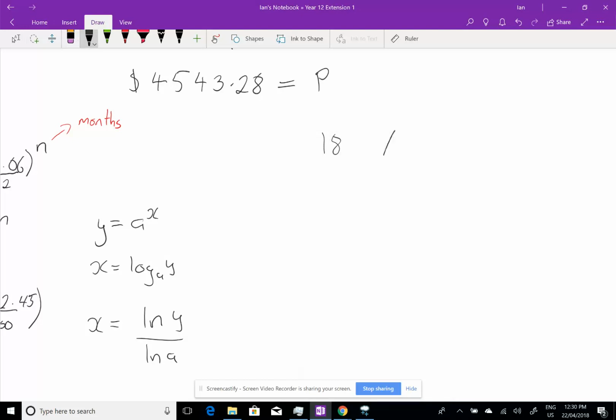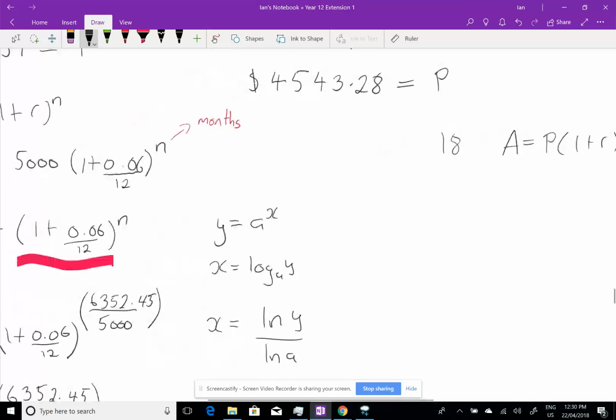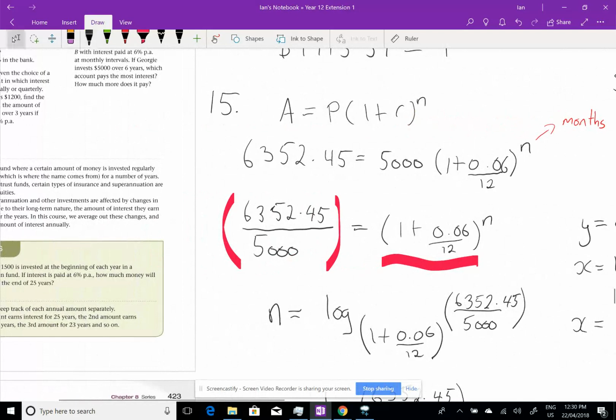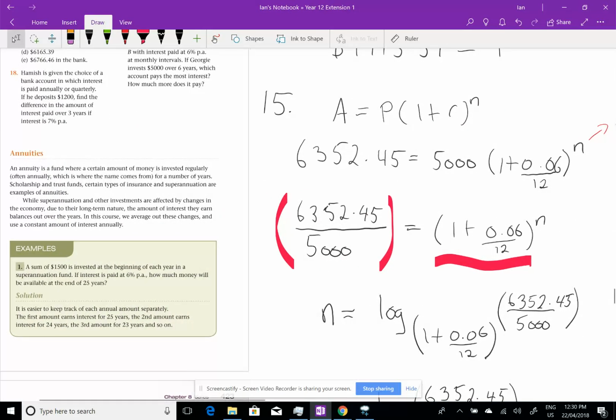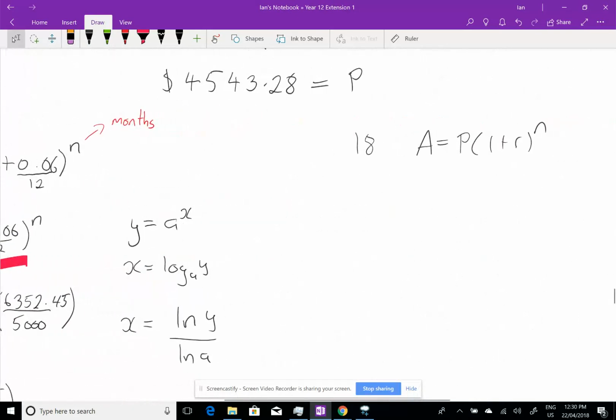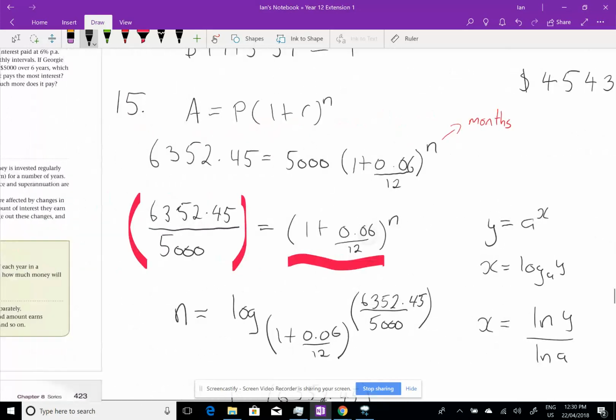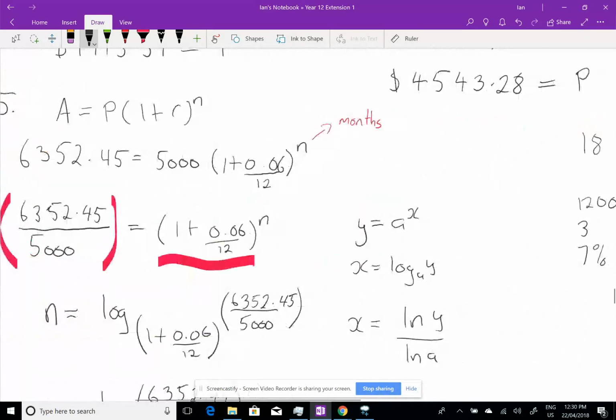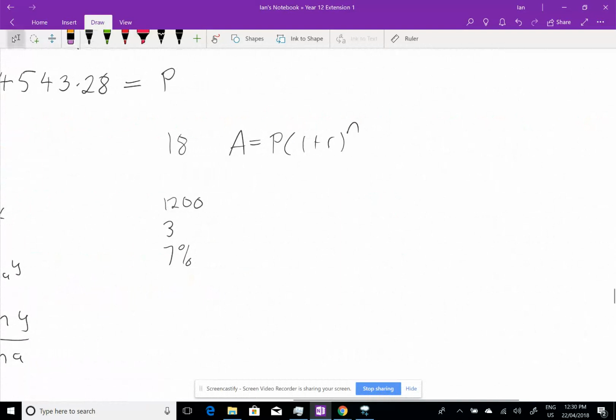Here's my formula. A equals P times 1 plus R to the N. What were the amounts? 1,200, 3 years, 7%. And they want one paid quarterly and one paid monthly. So let's go with the quarterly.